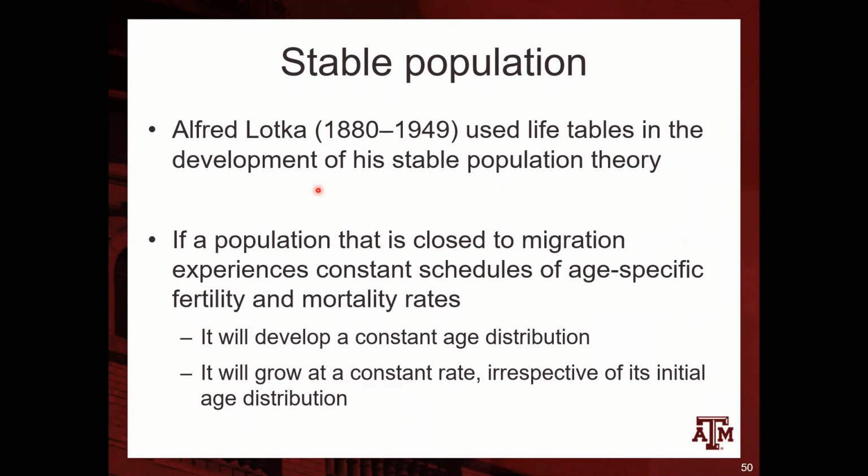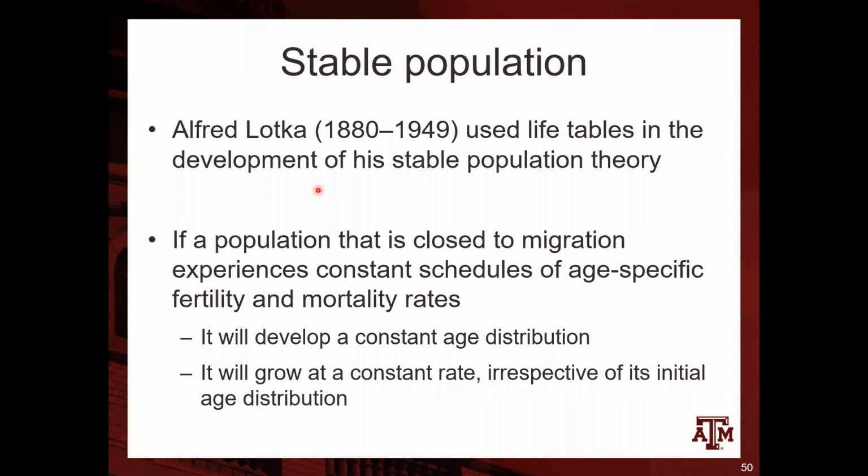So Alfred Lotka used life tables in the development of his stable population theory. His main argument was, we saw in the demographic transition theory that mortality declines, and then afterwards fertility starts to decline.